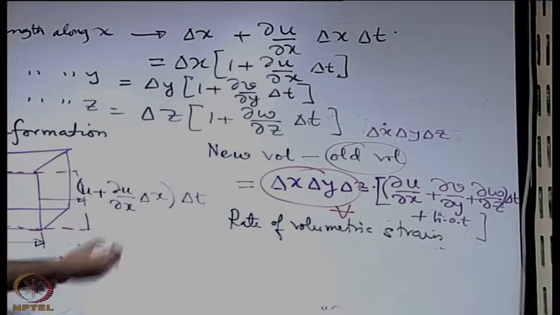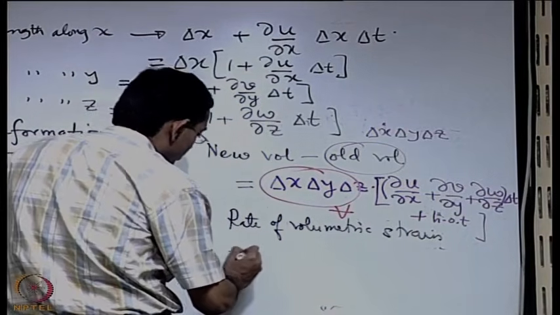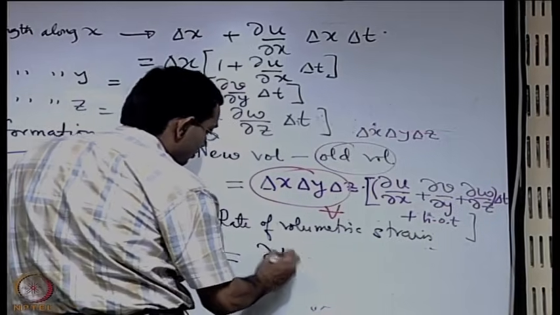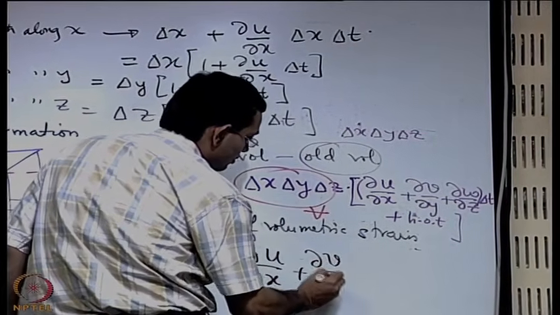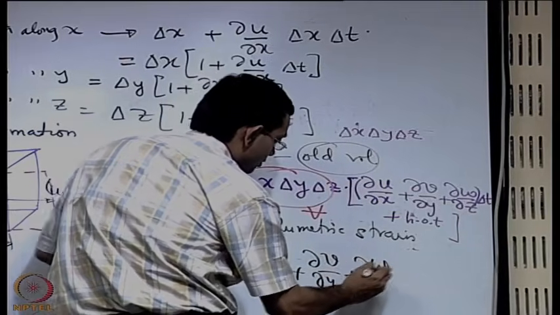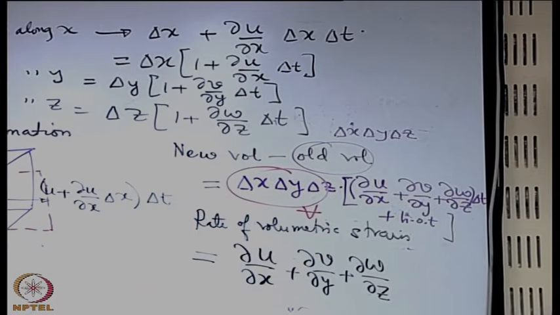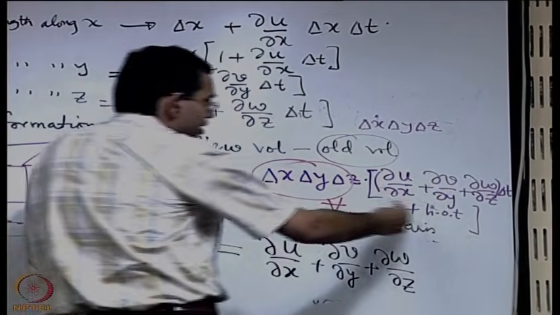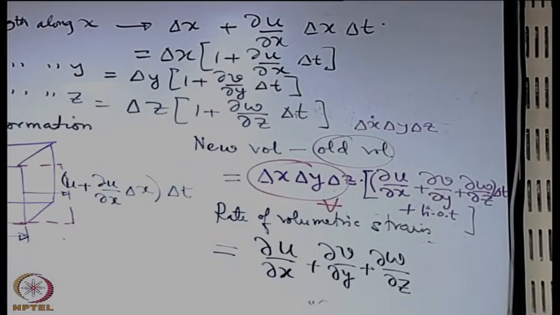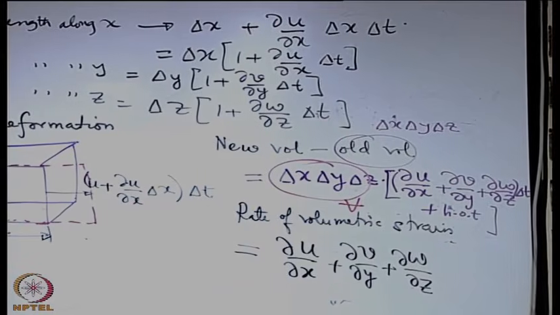So then what will be the final expression of this? Sum of these three. So we may write it in terms of the total derivatives. See, the volumetric strain, it may be due to many things, change in time, change in position, and a combination.